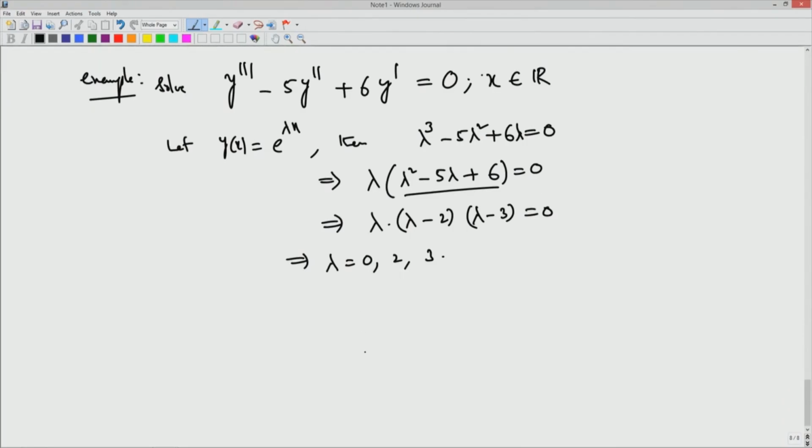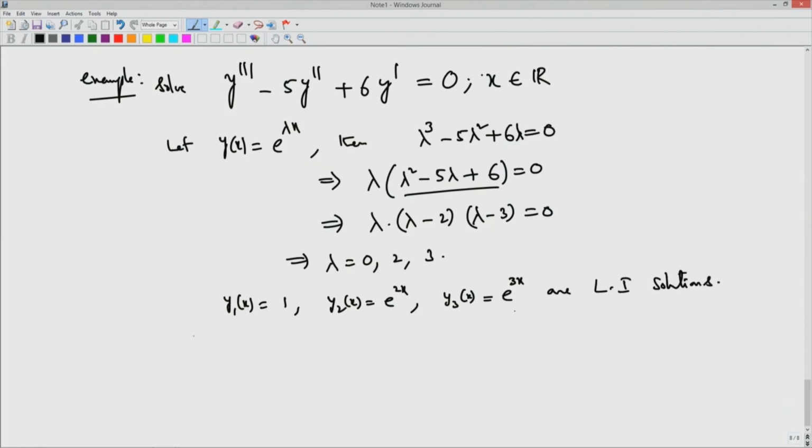Okay. Once you have these 3 roots, they are all distinct. So, you have y1 of x is e power 0x, that is 1, y2 of x is e power 2x, y3 of x is e power 3x, and these are linearly independent solutions of the third order equation.